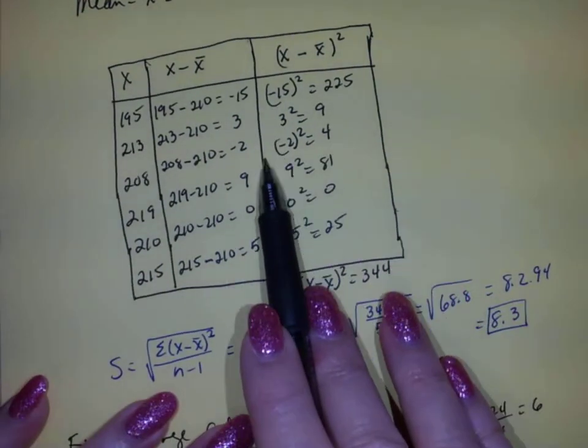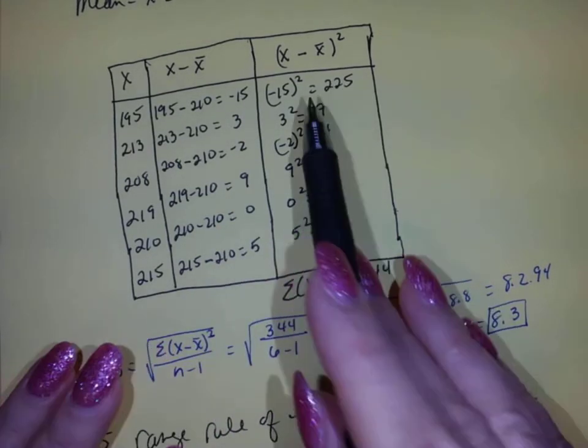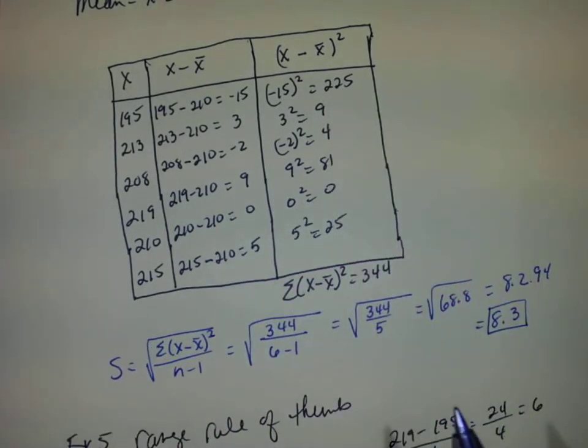Notice the other ones were pretty small. The 219's a little up there too, but that one's quite a bit higher. So if we didn't have such a low number, then that's pulling out everything, right? It's changing it quite a bit.